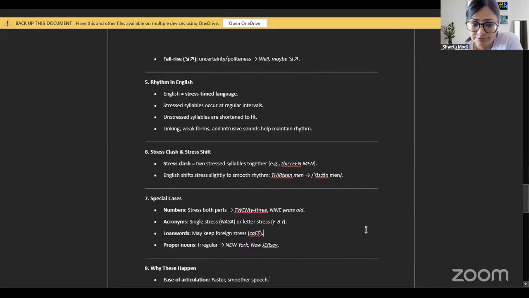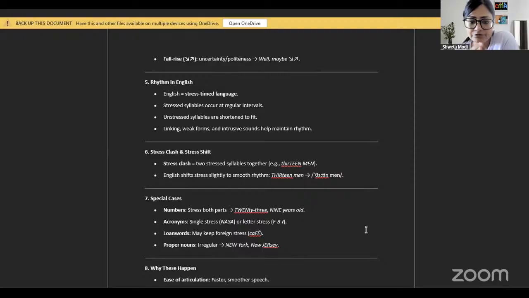Special cases. Numbers: if it is a number, stress both the parts. Thirty-nine years old, twenty-three. Acronyms: NASA, so all four letters. Loan words like cafe, which keep the foreign stress. Proper nouns: New York and New Jersey.